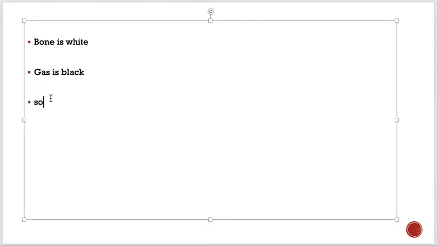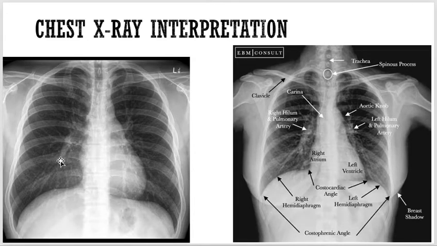Now the soft tissues like muscles appear gray. For example, you can see over here where the lungs are, they are appearing gray, or these are muscles over here, so they appear gray.